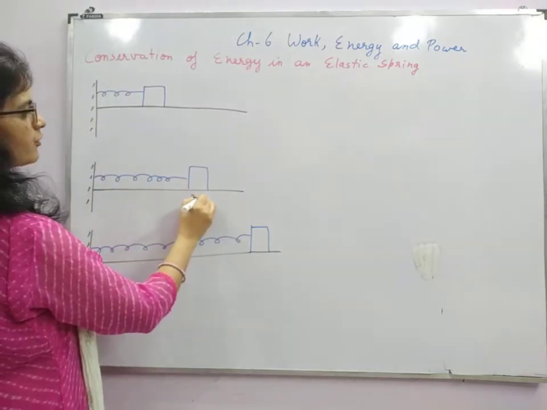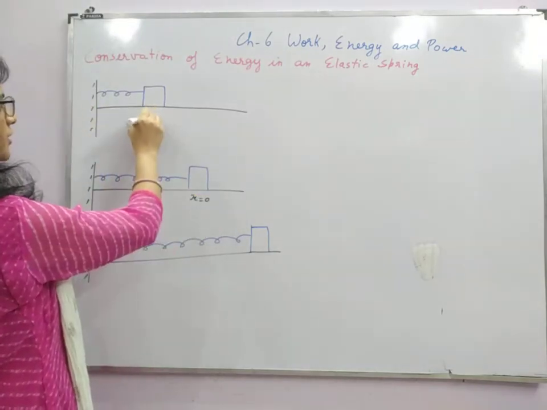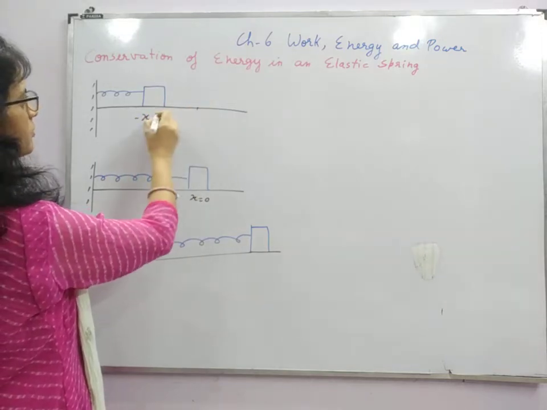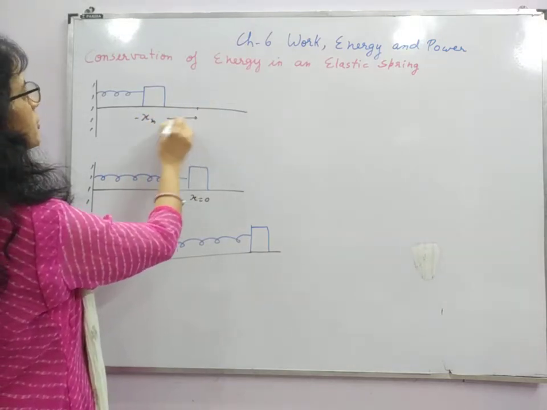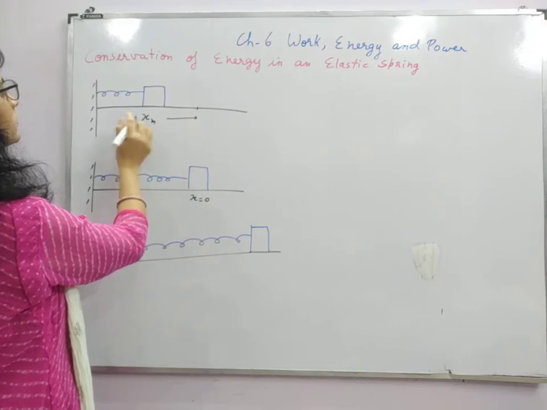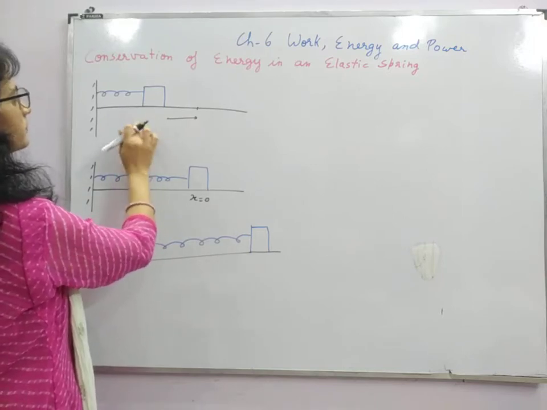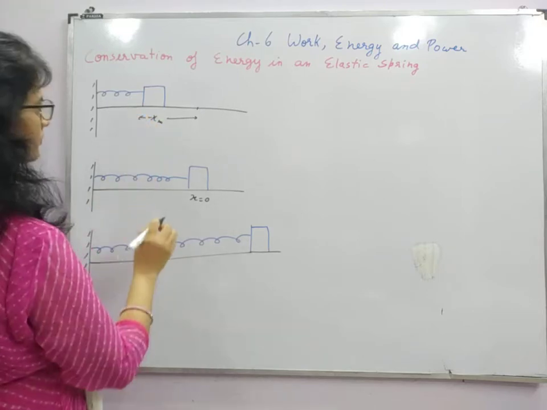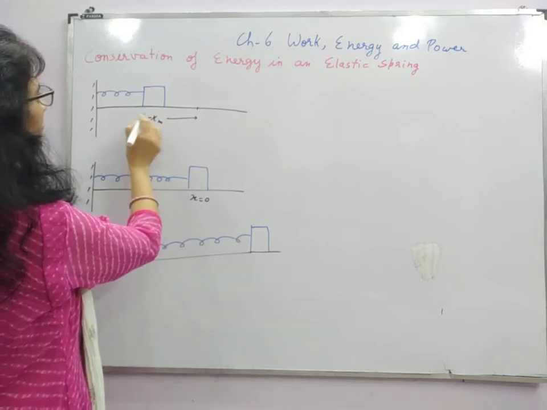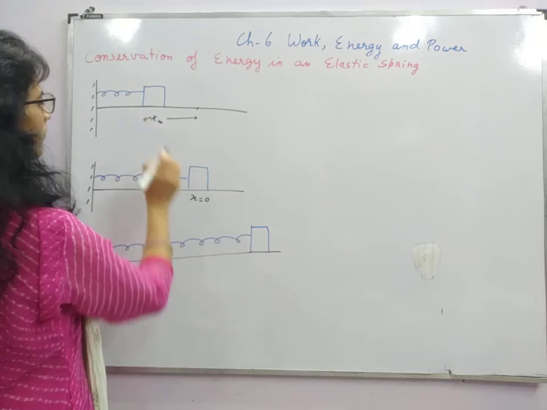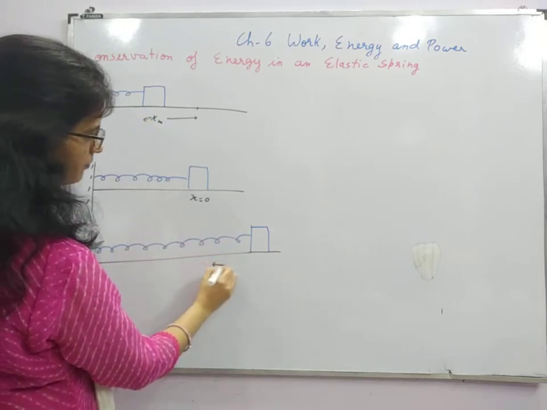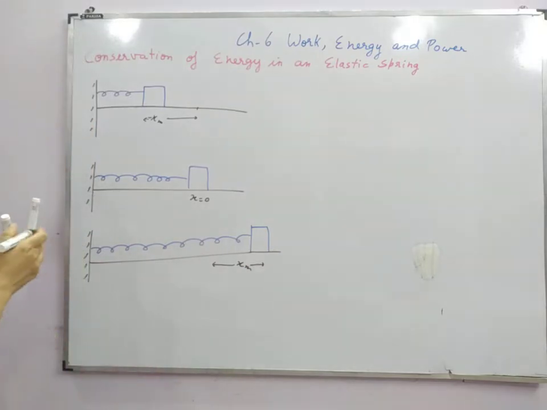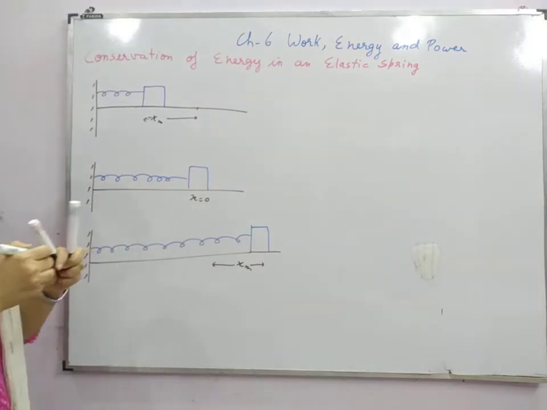So this is x is equal to 0. This is x is equal to minus xm with respect to this position. And this is the extended position, the maximum extended position with respect to the mean position.